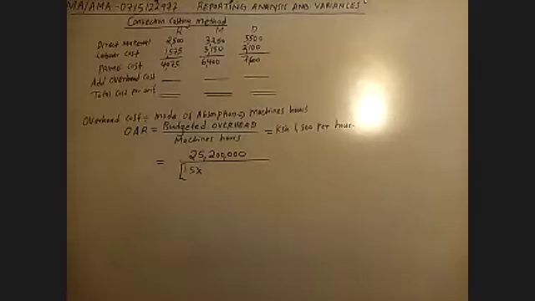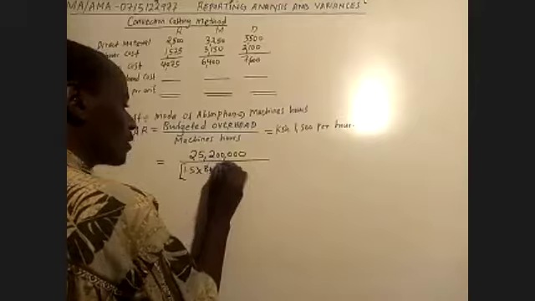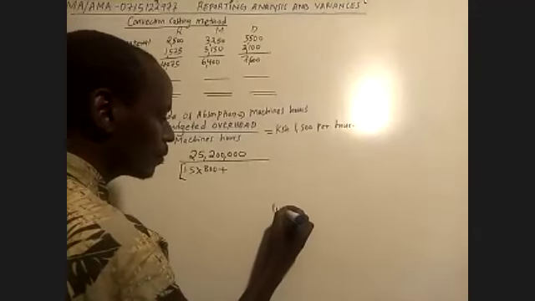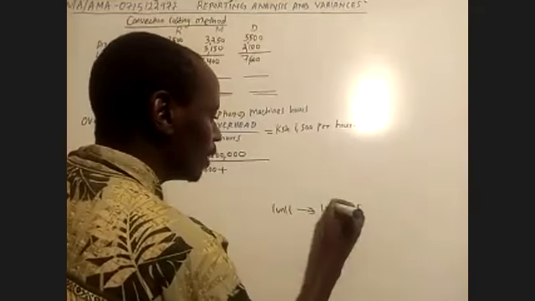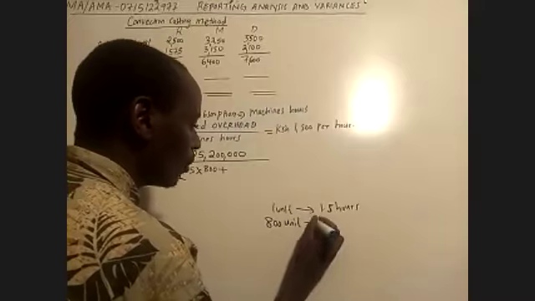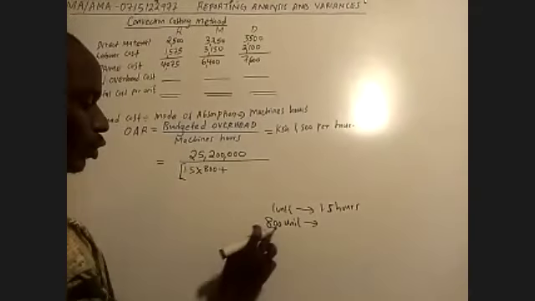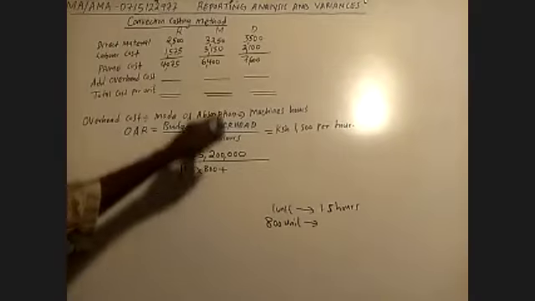Naona wanasema ni 800. You need to know total hours. So it's 800 times 1.5, and you get total hours.